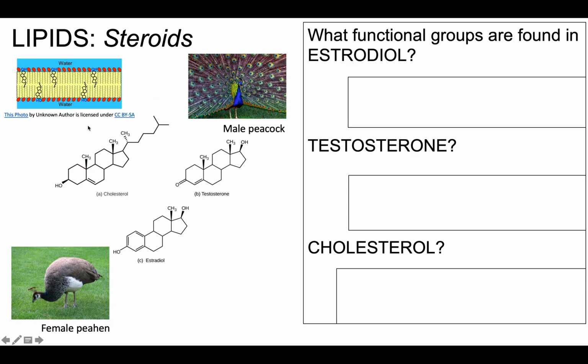If you take a look at these 3 different steroids, this is cholesterol. Notice that cholesterol has a long hydrophobic tail on it with the 4 fused rings. Testosterone is similar to cholesterol, 4 fused rings with a hydroxyl, methyl, methyl, double bonded oxygen, and a double bond in the ring structure.